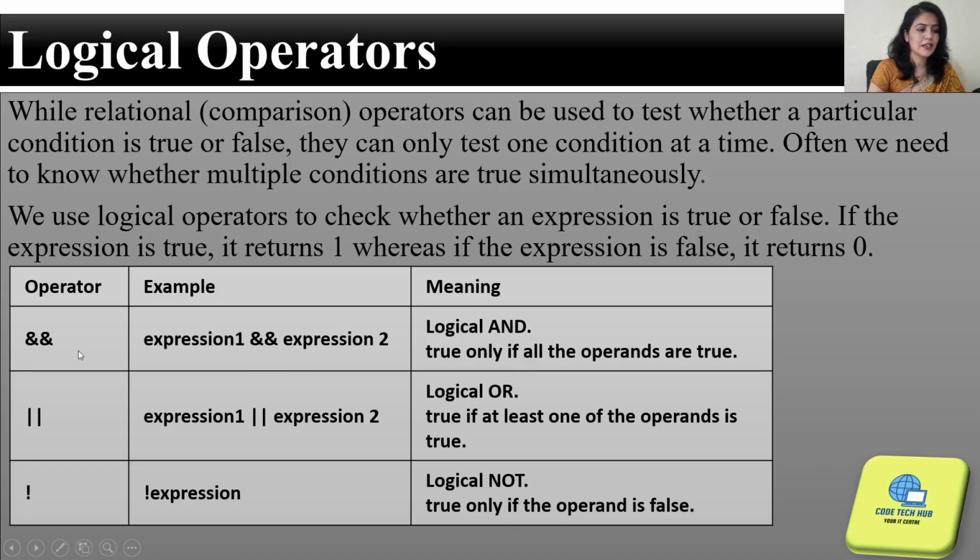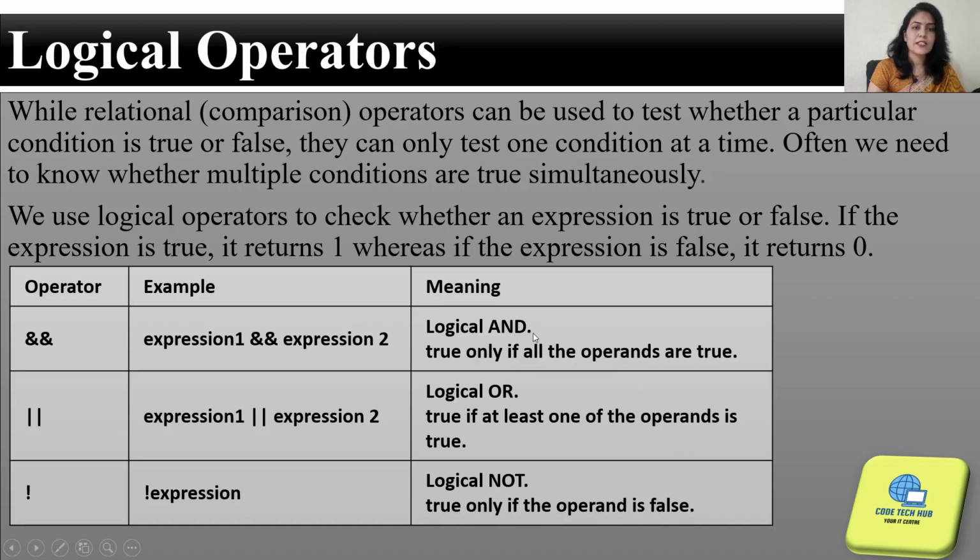It is true only if all the operands are true. The second is OR, the symbol of the OR condition. It is true if at least one of the operands is true. And this mark is the logical NOT condition. It is true only if the operand is false.